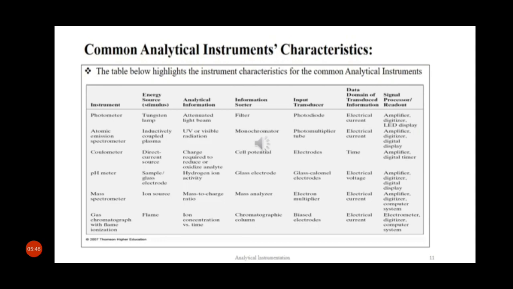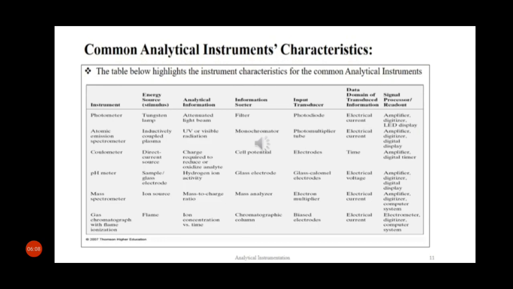For a pH meter, the energy source is the sample or glass electrode. Analytical information is hydrogen ion activity. Information sorter is the glass electrode. Input transducer is the glass calomel electrodes. Data domain of transduced information is electrical voltage.